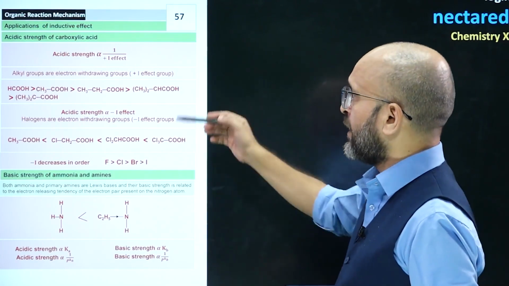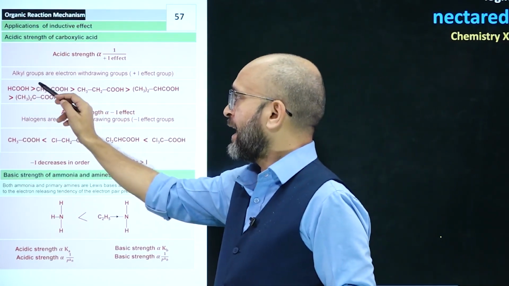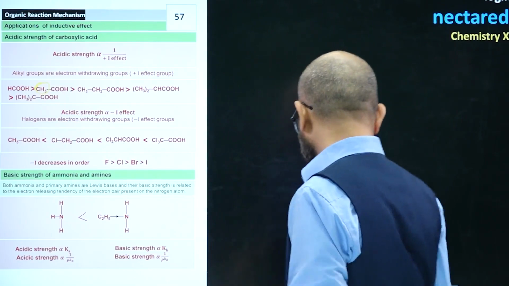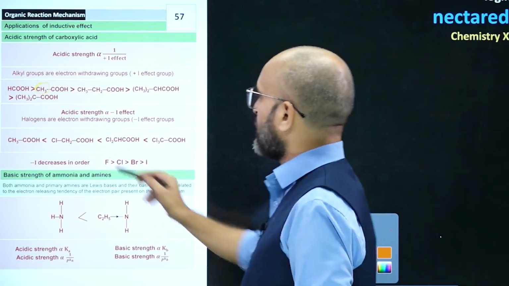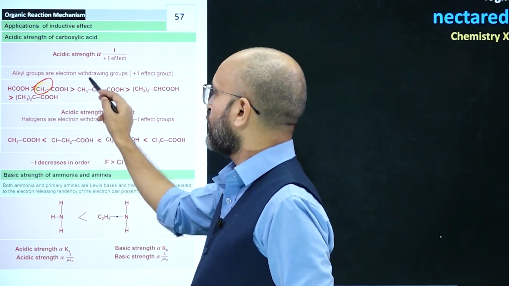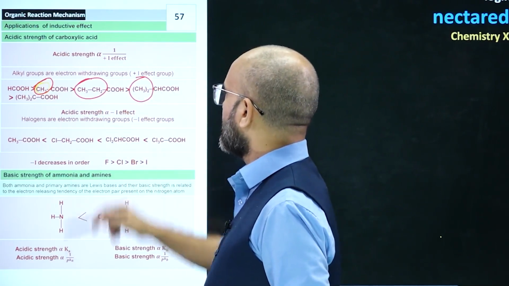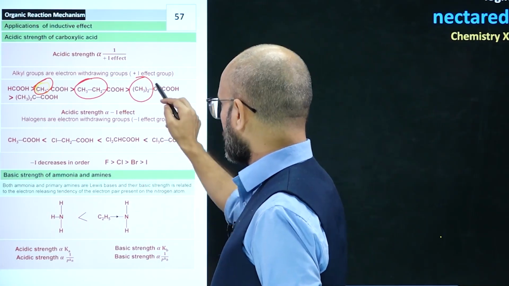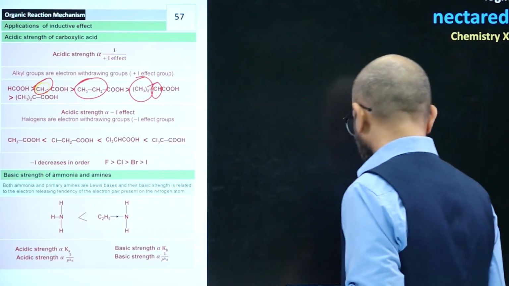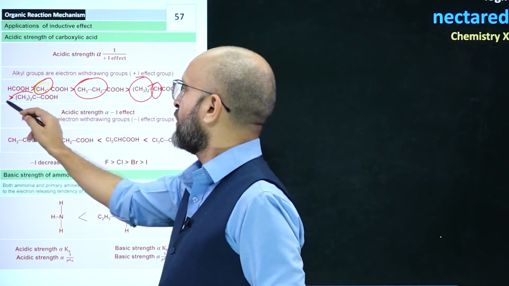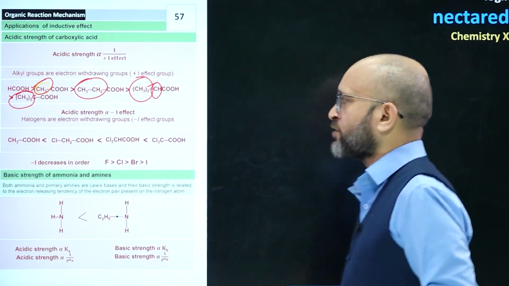If you check out the first example, as the number of carbons is increasing, here you have methyl, then you have ethyl, then you have diethyl, and total carbons is 3. You have total carbons 3 and you have total carbons apart from carboxylic 4.